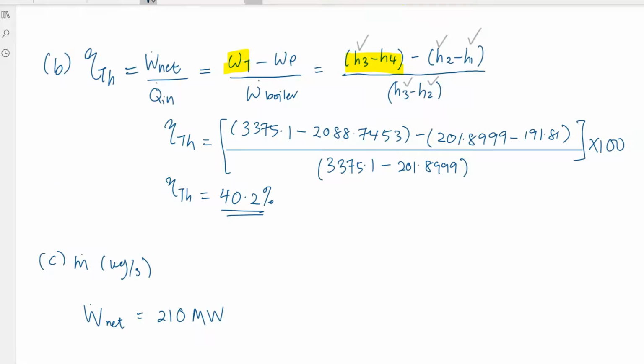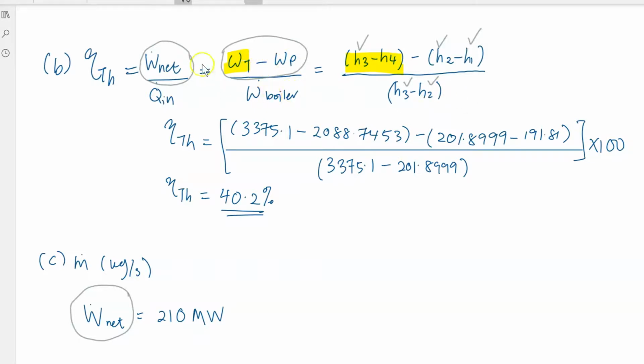Before you start to grow confused, I would like to stress the difference between the work net here, when you expand the mathematical expression, and the work net that you have in here. The difference between these two is that one has the dot and this one doesn't.